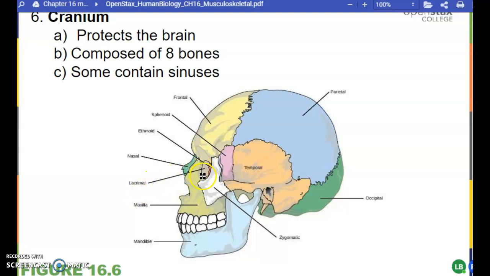Lacrimal is the eye socket area; there's a bone on the inside of that. Maxilla is what your upper jaw really is, this bone here, and then the mandible is our lower jaw.